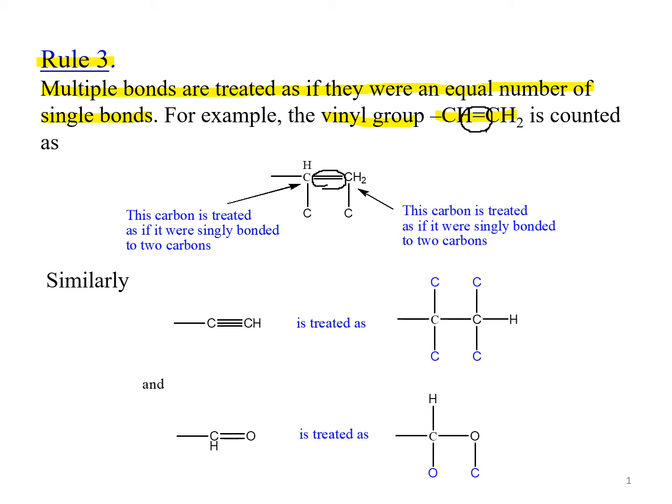Plus, instead of these two bonds, we have attached two more carbons over here. These are carbons that are not actually present, but this is just a rule for the enantiomer configuration, that we treat them as an equal number of single bonds. So we will have to add up these single bonds.